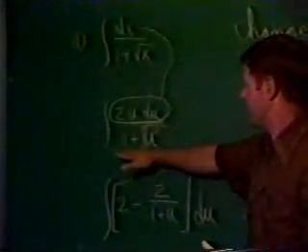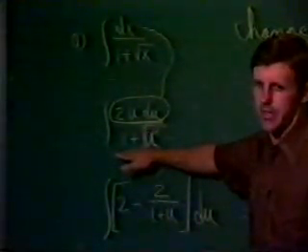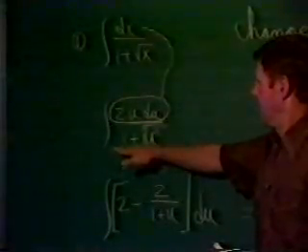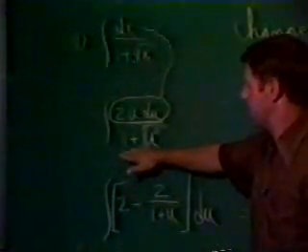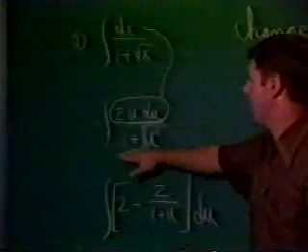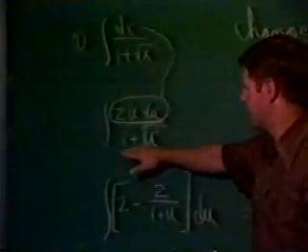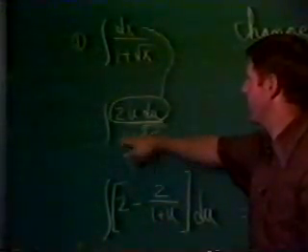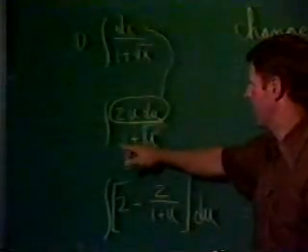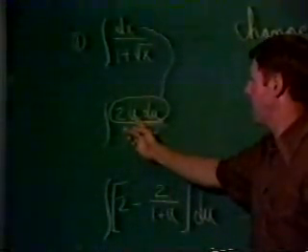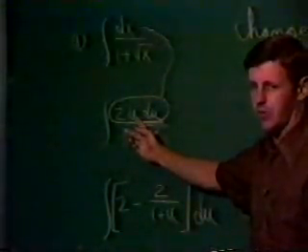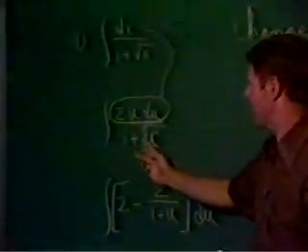Now, this is a situation which you'll encounter many, many times. You must learn what to do in this situation. Anytime you have an expression whose denominator is a polynomial and whose numerator is a polynomial, where the numerator has a power that is equal to or greater than the power in the denominator, in this case, the powers are equal.